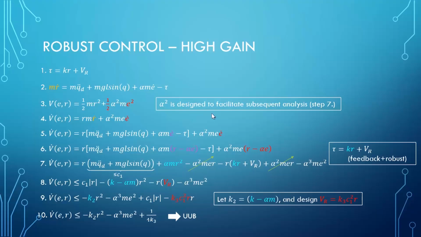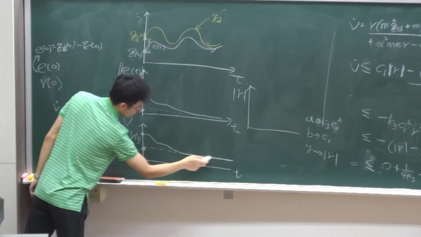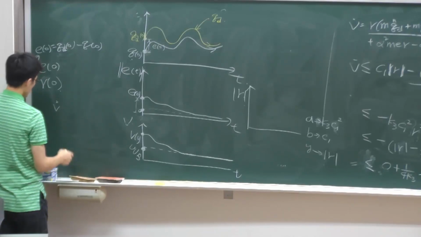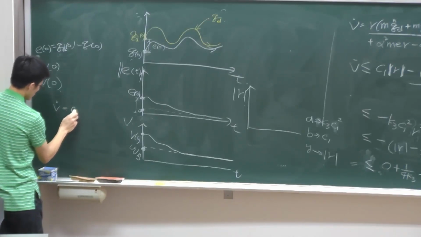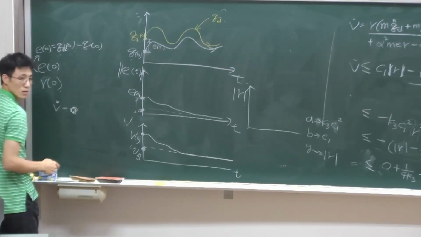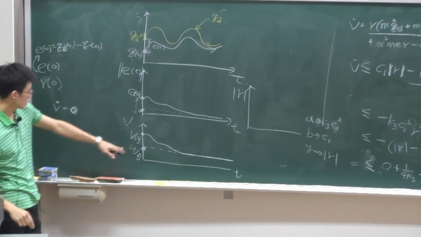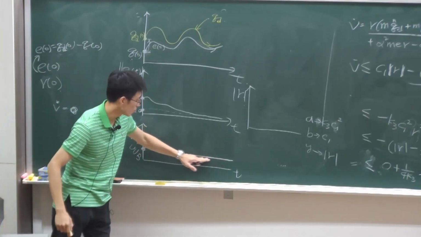According to this, you know, approaching 0, at the approach to 0, that means V dot is equal to 0, right? When it's in here, V is almost constant.